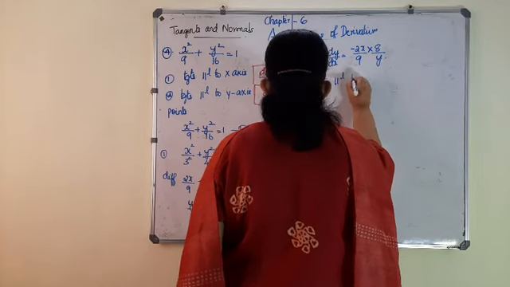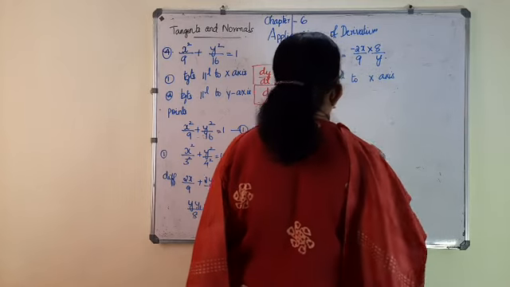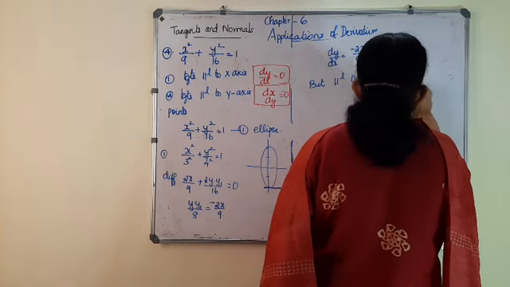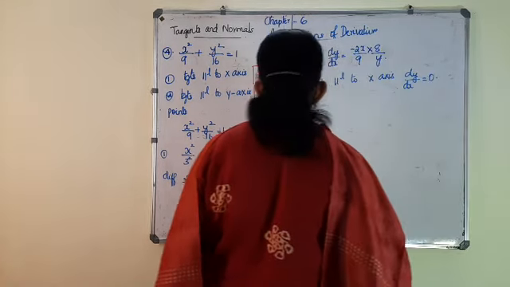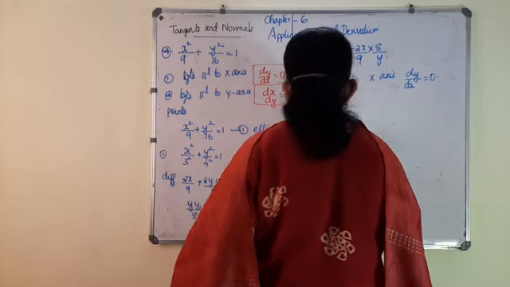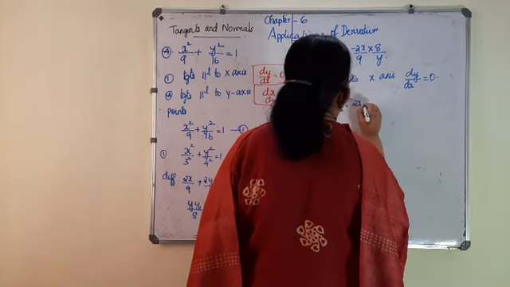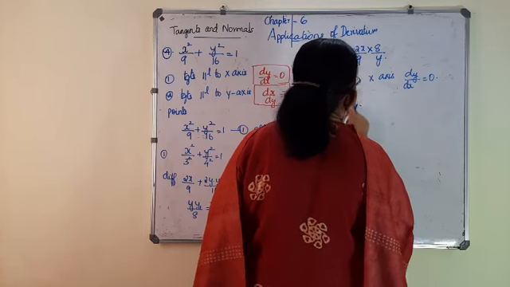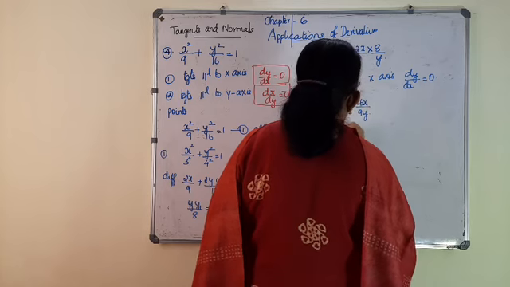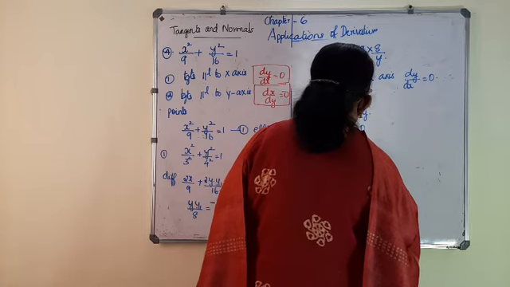But parallel to x-axis, dy by dx is equal to 0. So 0 is equal to minus 2x into 8 by 9y, minus 16x by 9y. Minus 16x is equal to 0, or x is equal to 0.